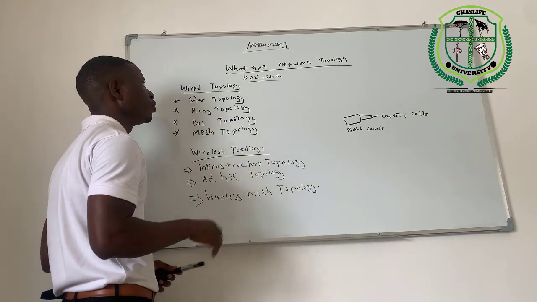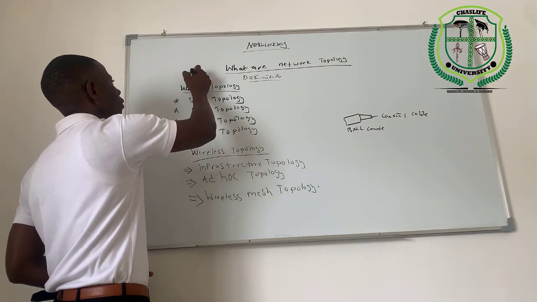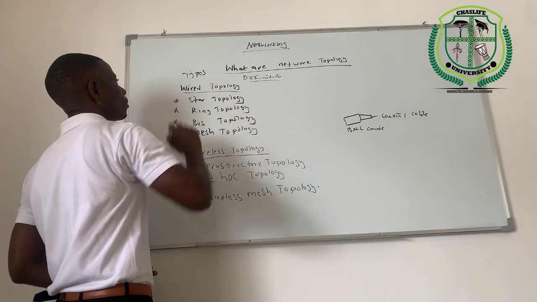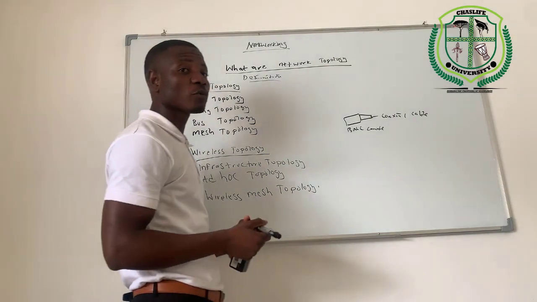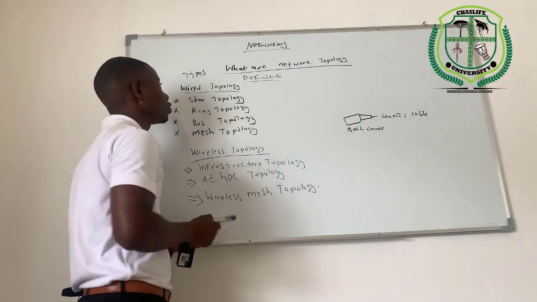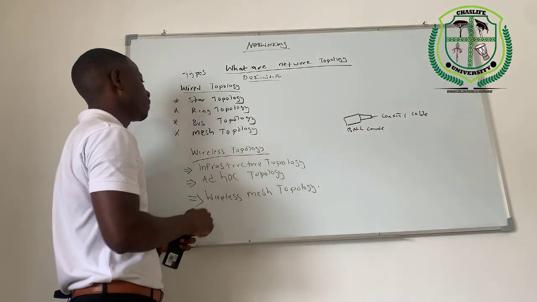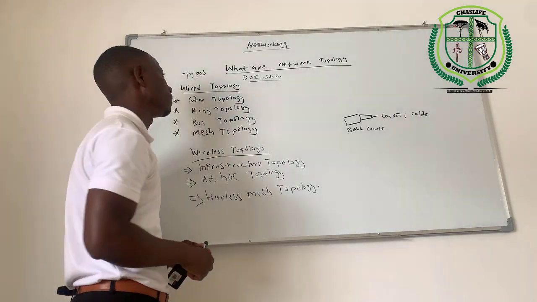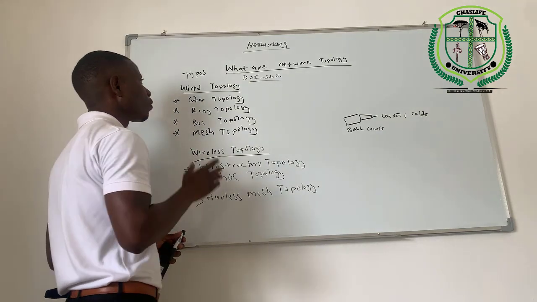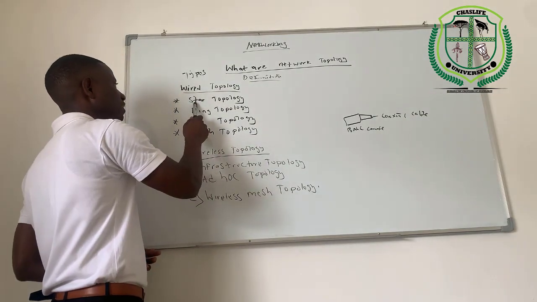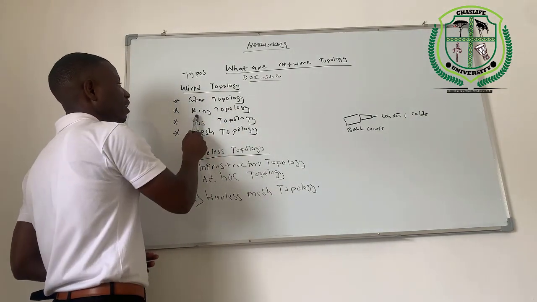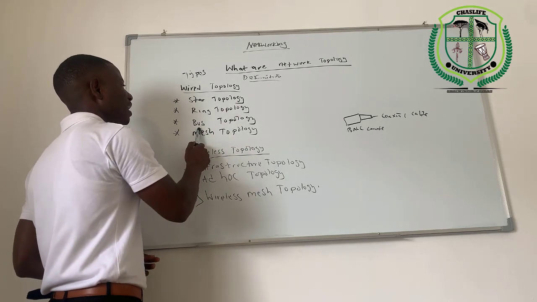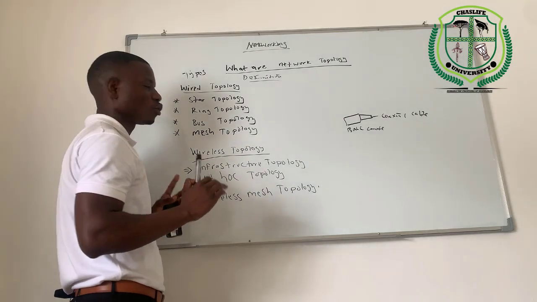And then later on, we are looking at the types of topologies. Under the types of topologies, we have two types: wired topology and wireless topology. Under wired topology, we have star topology, ring topology, bus topology, and mesh topology.